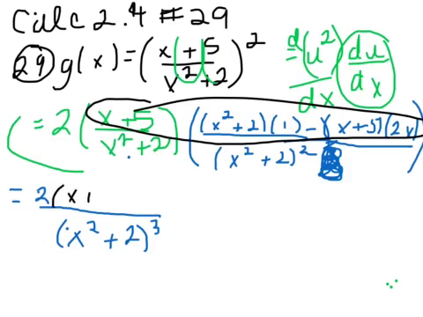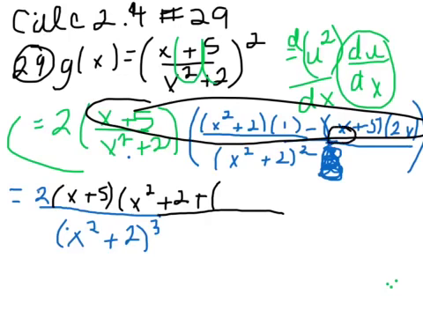So it's x plus 5 times all this stuff in parentheses. Let's multiply it out and see if we can simplify some stuff. X squared plus 2 times 1 is just x squared plus 2, so that part went well. But now I've got minus all this, x plus 5 times 2x. Let me write that as a plus and distribute a negative 2x times x plus 5. Negative 2x times x would be negative 2x squared, and negative 2x times 5 would be negative 10x.